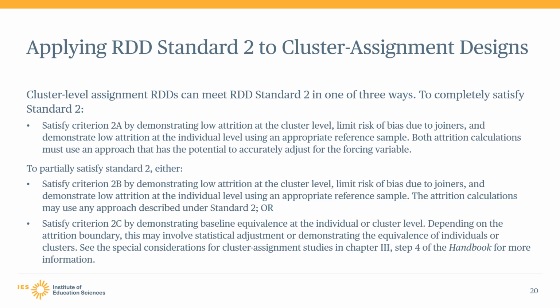If attrition is high or unknown under the cautious boundary, the studies must demonstrate baseline equivalence of the individuals or the clusters. Cluster assignment studies also must meet all of the special considerations for cluster assignment group designs as outlined in Chapter 3, Step 4, Baseline Equivalence.